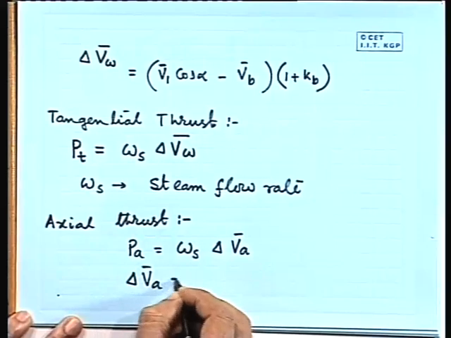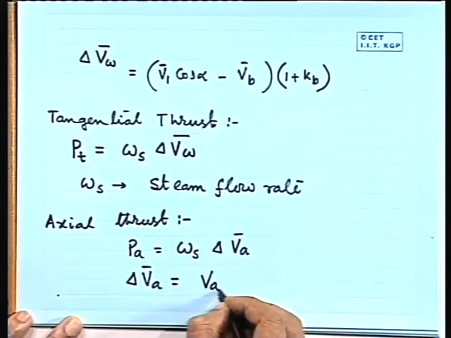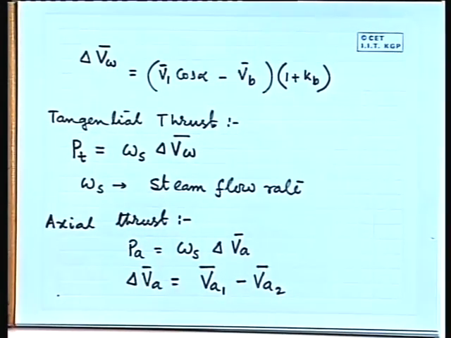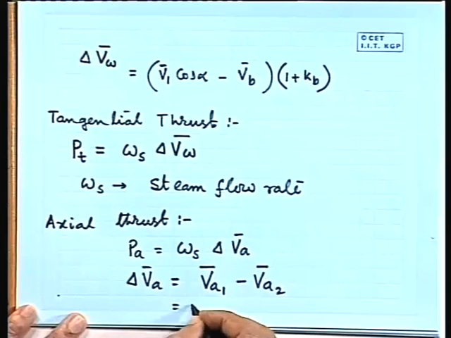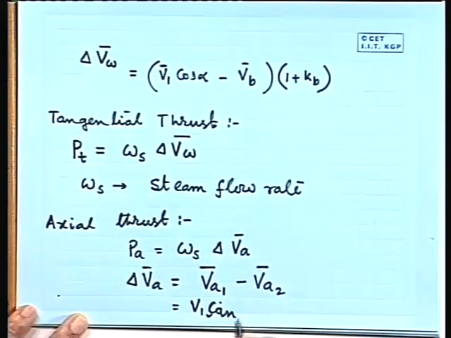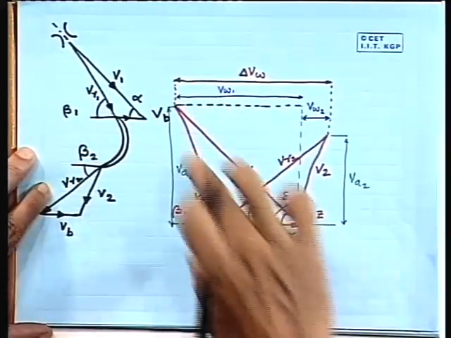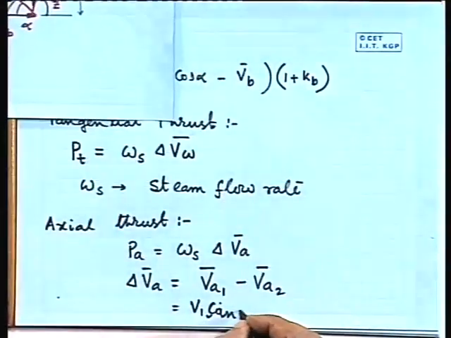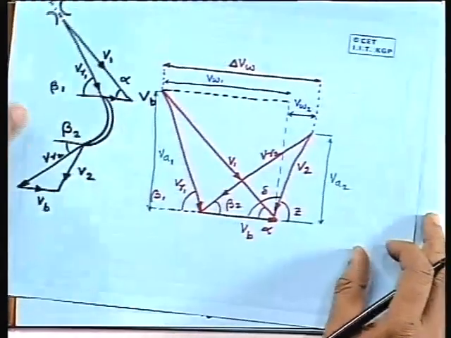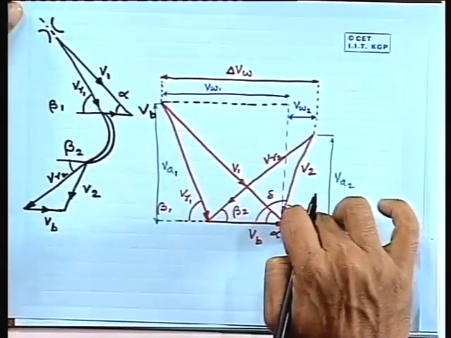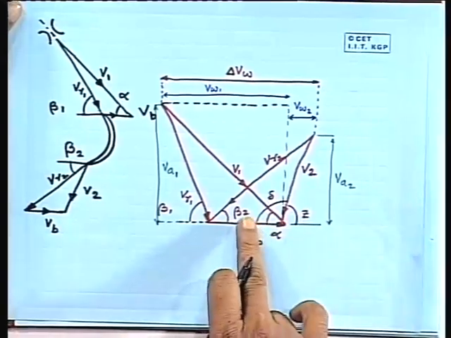Delta V A is equal to V A1 minus V A2, and again V A1 we can write as V1 sine of alpha, minus V2 sine of, that means sine of 180 degree minus delta.